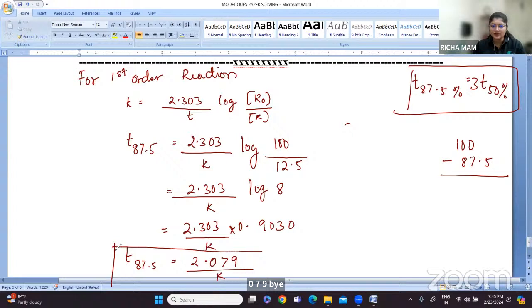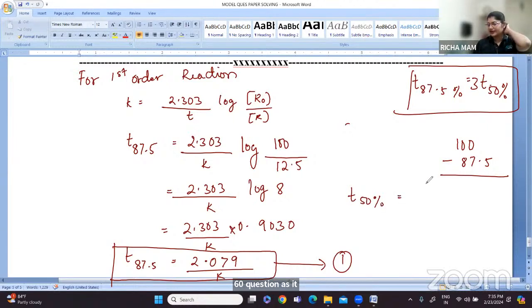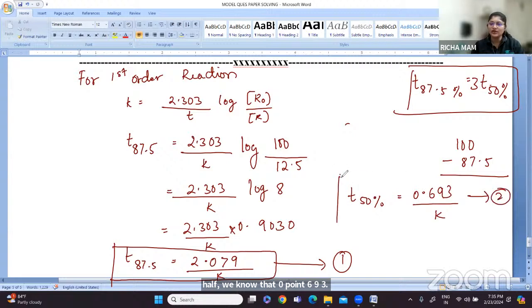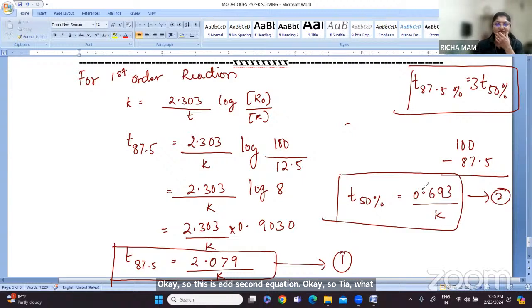This is the first equation. Now t 50% is nothing but t of half. For a first order reaction, t of half is given as 0.693 by k. So this is the second equation.